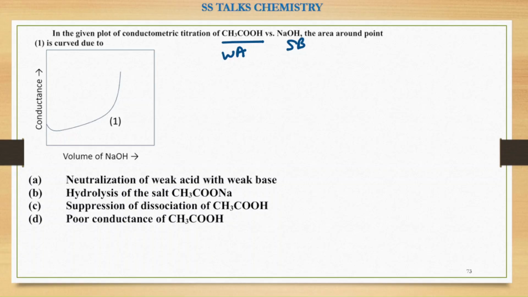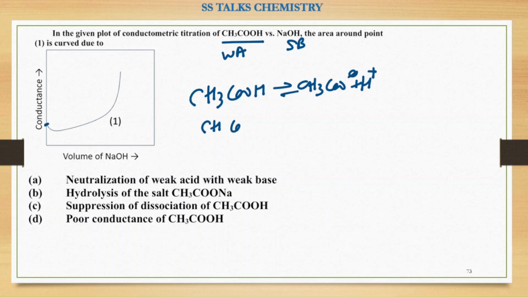So firstly in the beaker you will be having the acetic acid, it's your weak acid, so it's going to show partial dissociation. So H positive concentration, that is responsible mainly for the conductivity, is going to be lesser. So ions are less, so conductance value initially is less only. Now we are treating this acetic acid with the NaOH.